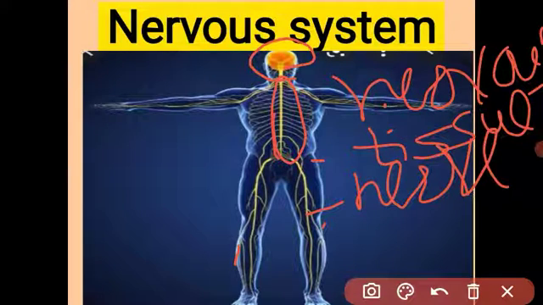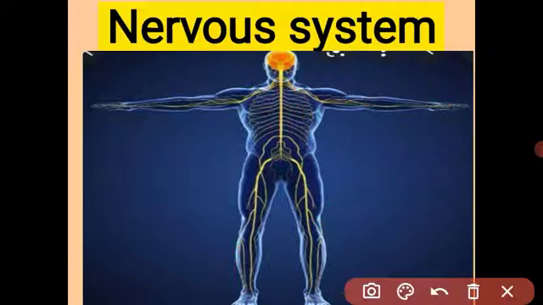Got it? Our brain, our spinal cord, and all the nerves present in our body are made from nervous tissue. Its main function is to control all body activity. It coordinates the functioning of different parts.